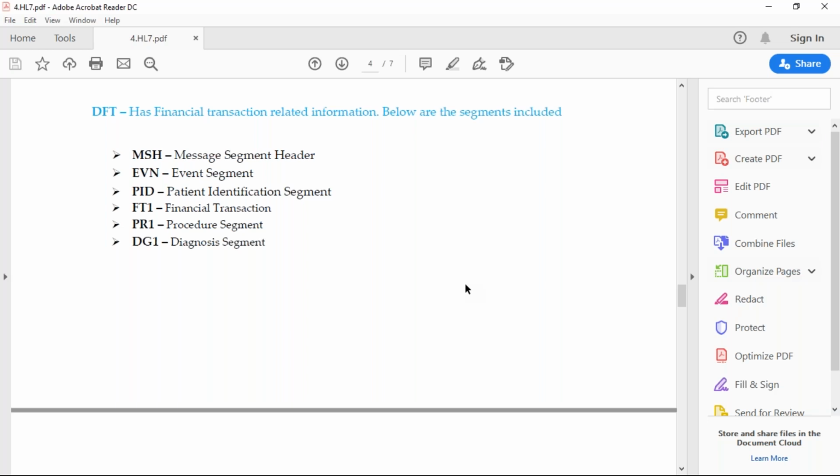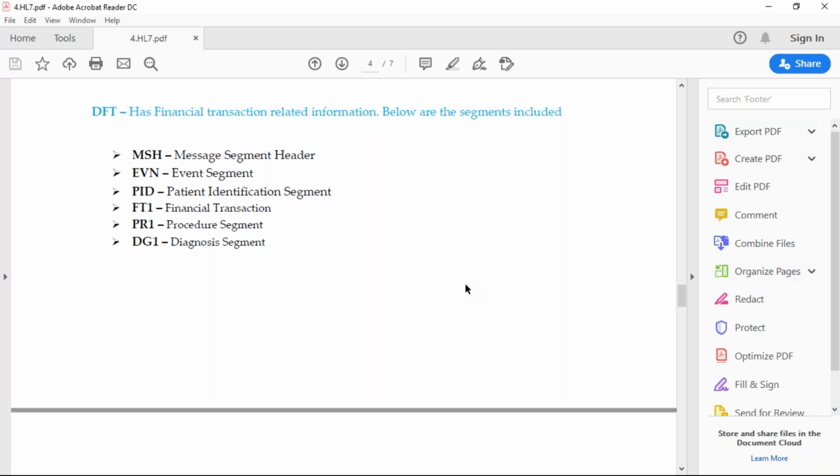After everything is done, a charge message will be generated from the EHR system and will be sent over to the PM so that the charge can be collected from the patient if it is a cash payment, or an insurance claim will be generated and sent over to the insurance company if it is an insurance payment. So we have different scenarios here again.